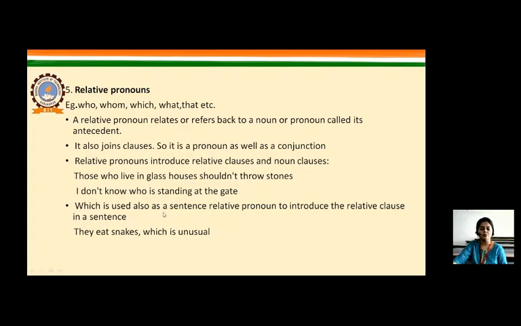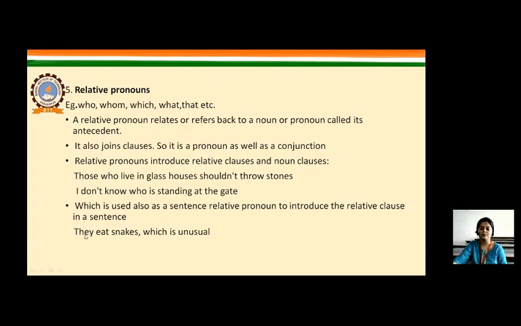Then which is also used as a sentence relative pronoun to introduce the relative clause in a sentence. So if you want to introduce or talk about some clause which is showing a relation to an already expressed noun or pronoun, like they eat snakes. So here it is a noun clause.